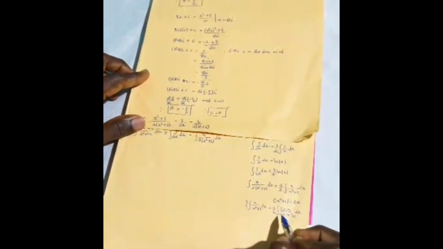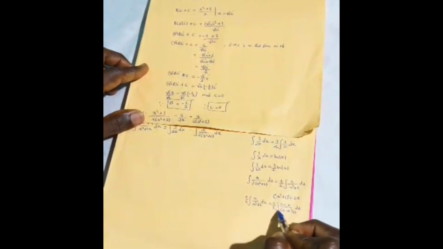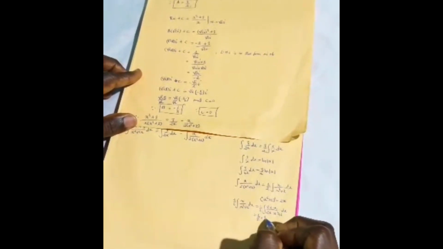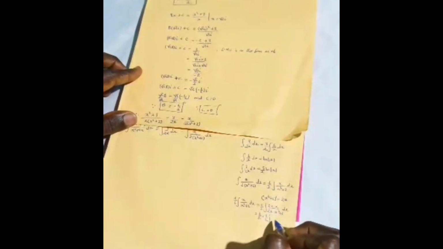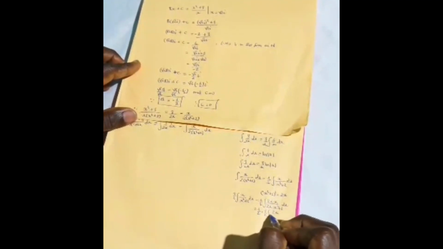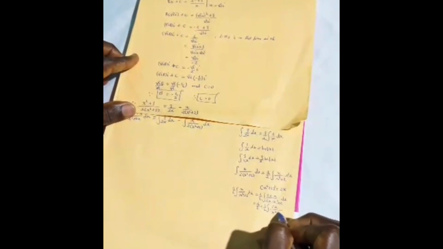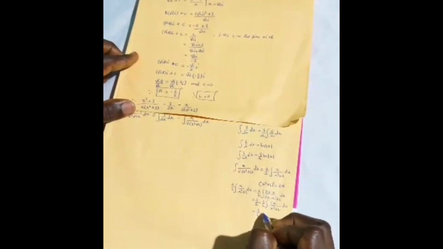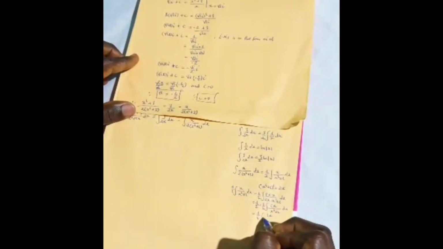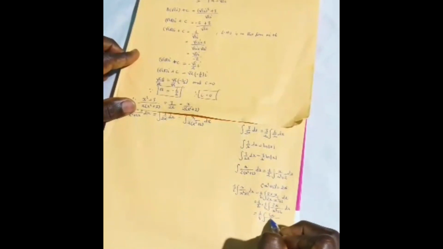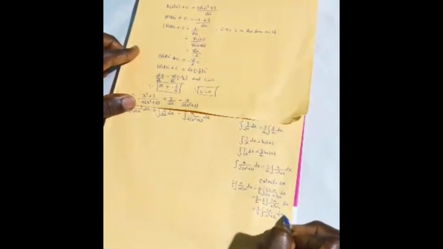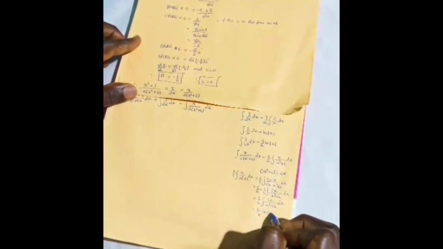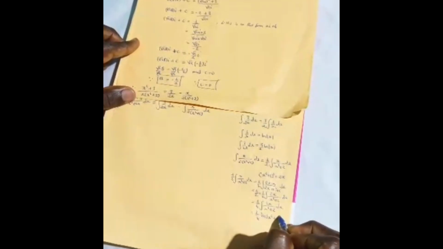So we are going to factor out the 2 here at the denominator to give us half times half, and the integral of 2x divided by x squared plus 2 dx, which gives us 1/4 the integral of 2x divided by x squared plus 2 dx, which gives us 1/4 the ln of the absolute value of x squared plus 2.